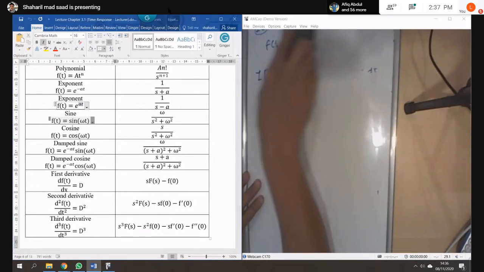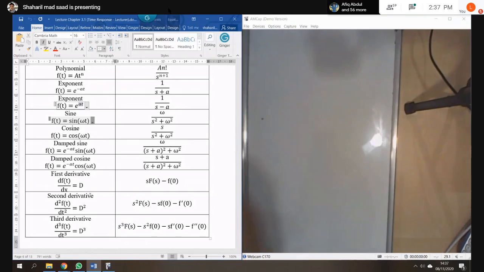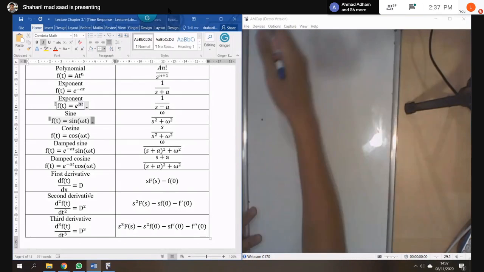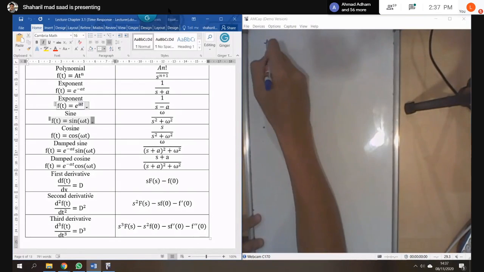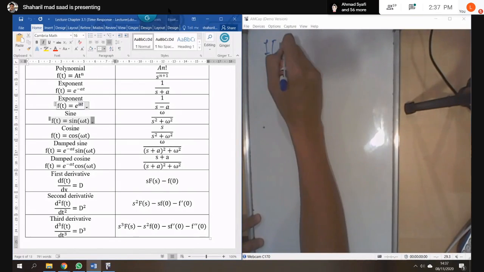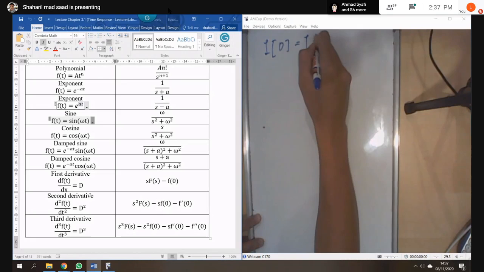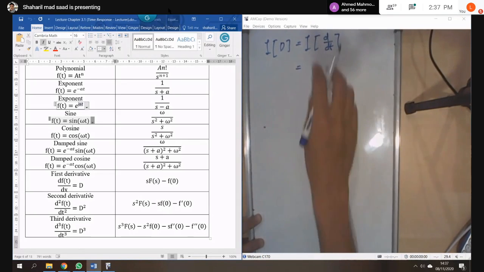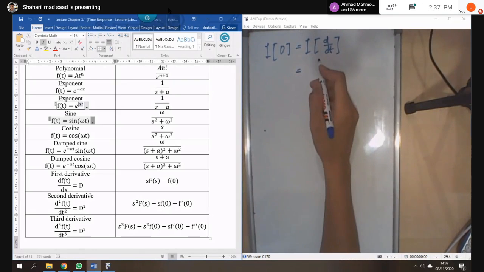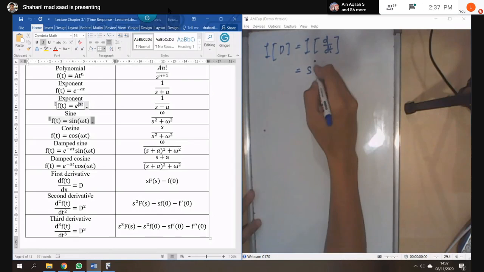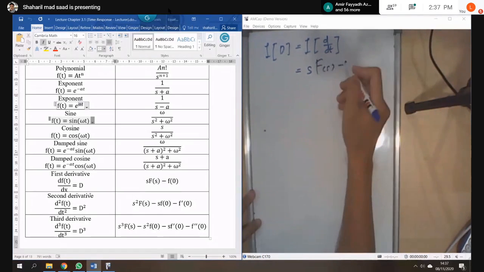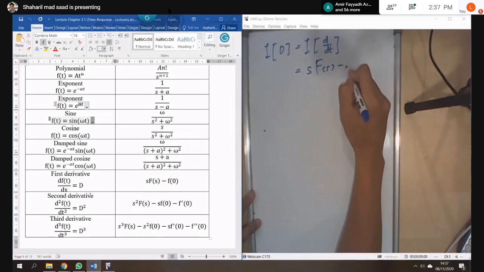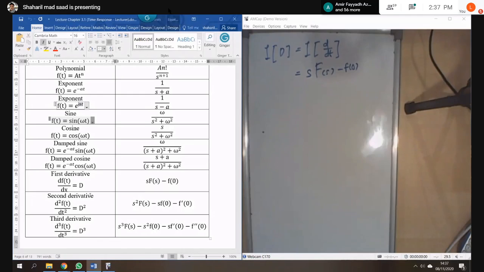The rest is about when you Laplace d, which is equal to when you Laplace d over dt. So this one will be equal to s, F of s minus f of 0.